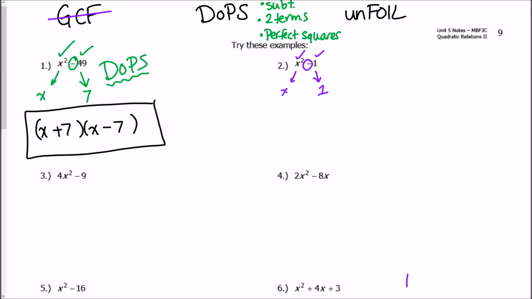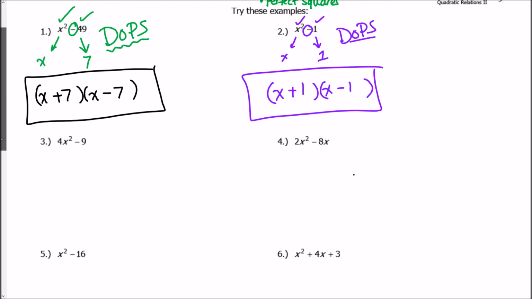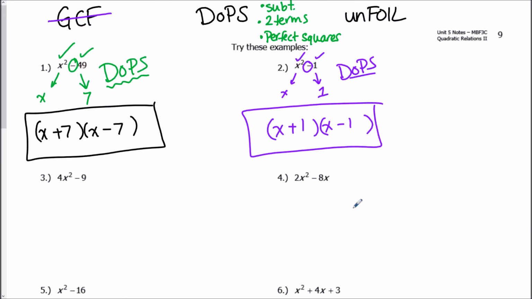So here, this is a difference of perfect squares. So here, what we're going to do is we're going to say it's going to be x plus 1 right here, and x minus 1. And if we were to multiply this out, we would get x squared minus 1. Okay, so taking a look at number 3, let's go through our list of things again.